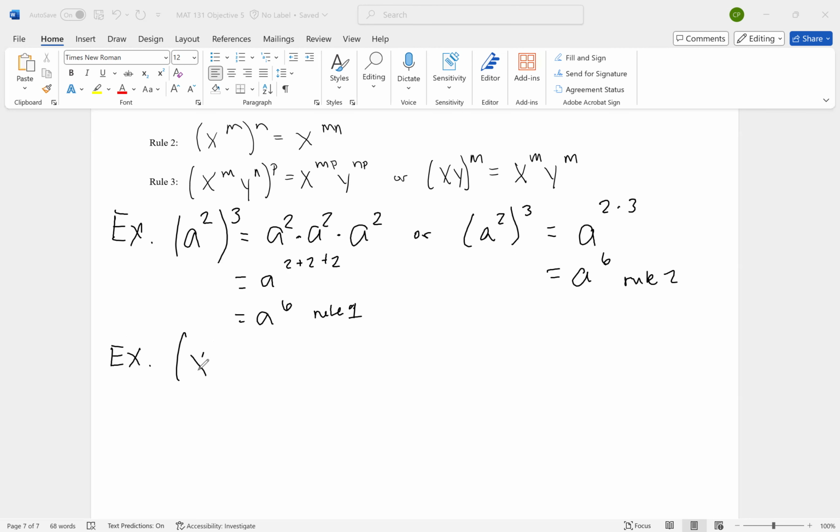So for this one, if we had x cubed y to the 4th, squared, all right? We could do this one by doing rule number 1.